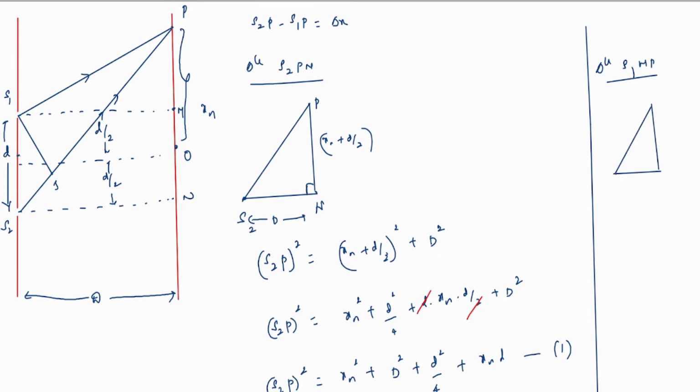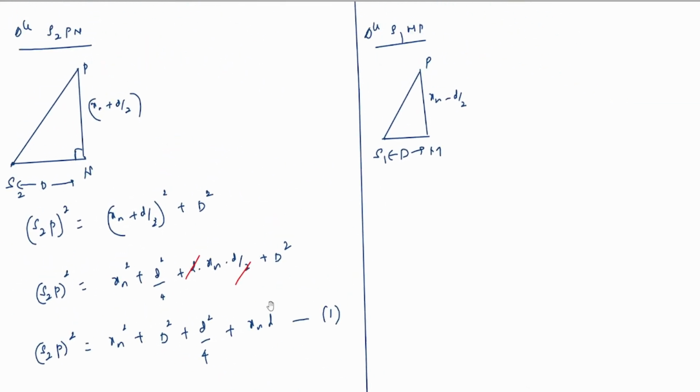This is point S1, this is point M, this is point P. The distance between S1 and M is the same as capital D, and the distance from point P to point M would be PO minus OM, because we want only PM. You can say PM is nothing but PO, that is this whole distance, minus this distance, which is xn minus d by 2. Let's expand this again using the Pythagoras theorem.